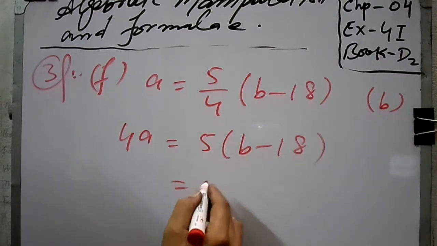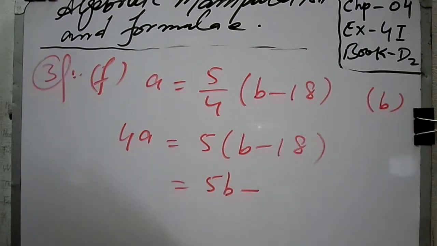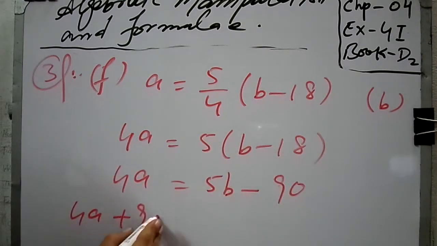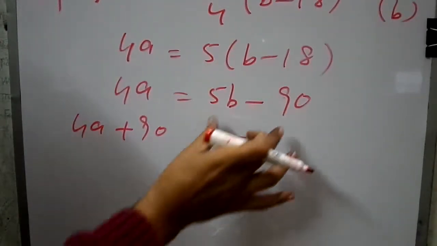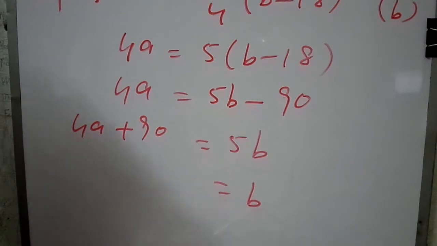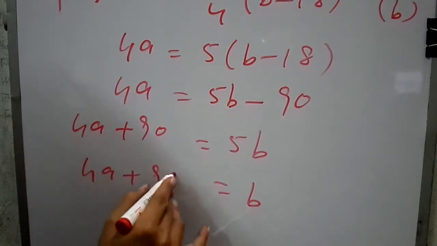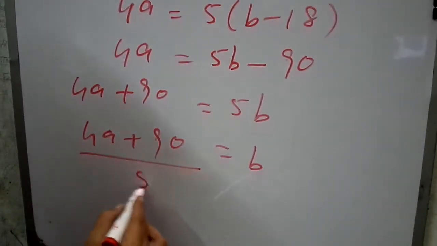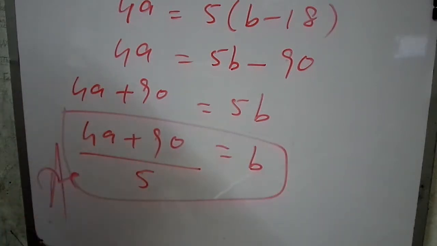So multiply it, so 5B, and after multiplication you will get 18 into 5, you will get 90. So 4A is equal to 5B minus 90, but you need the value of B. So shift here 4A plus 90 equals 5B. You need the value of B, so 5 will be divided here. You can see you need the value of B, that is 4A plus 90 divided by 5. So that is your result.